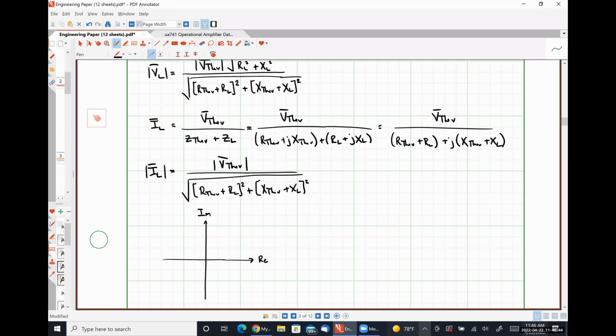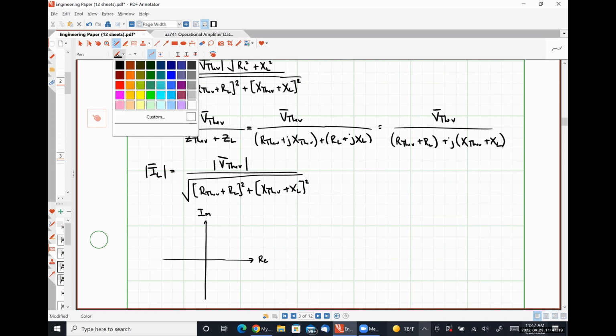The rectangular form of my impedance ZL is just going to be effectively a vector in this 2D coordinate system, right? It's going to have some length in the real direction, which is given by its resistance, and some length in the imaginary direction, which is given by its reactance. I am going to arbitrarily assume here that both of those are positive quantities, but it really is not important in any way, shape, or form, okay?